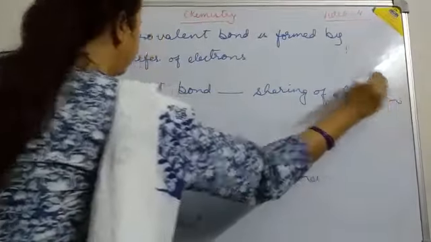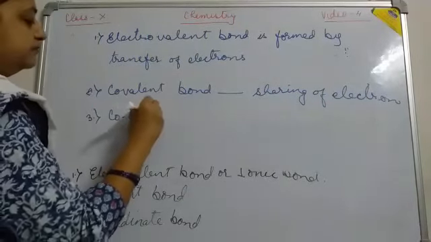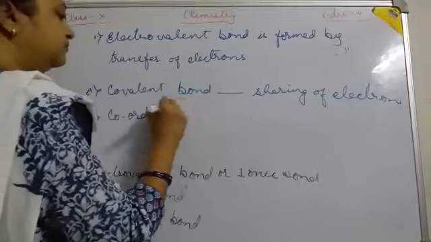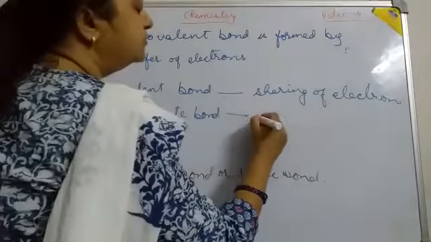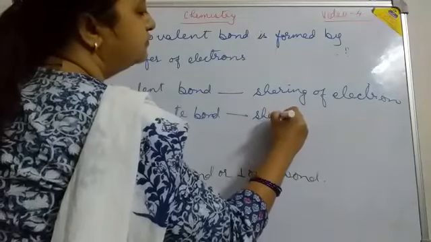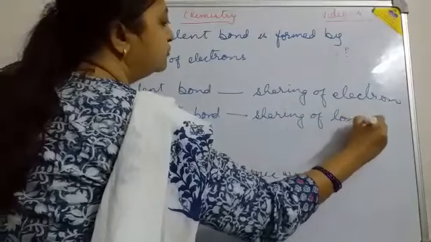And the coordinate bond is formed by sharing of a lone pair of electrons.